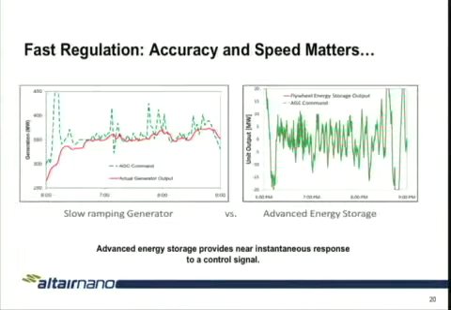So why fast? Why batteries? Why are people doing both batteries and flywheels right now? A couple of studies were done. This one was done by Pacific Northwest National Lab, looking at the AGC signal, and as I talked about, the relatively slow generator output to match that signal.